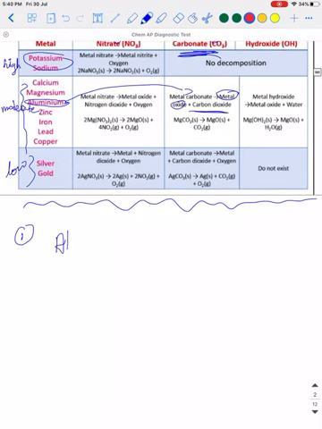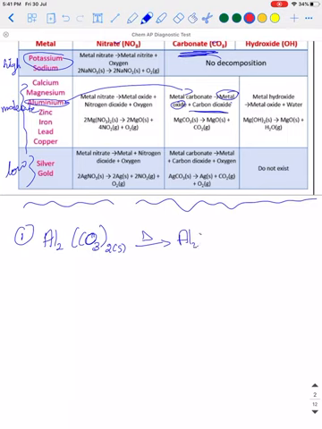Let me write the first equation. I have aluminium carbonate, solid, because it's decomposition. Upon thermal decomposition, it gives the corresponding metal oxide.